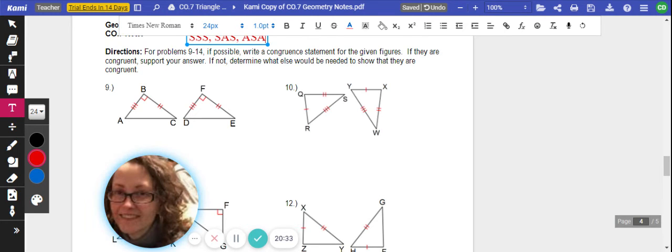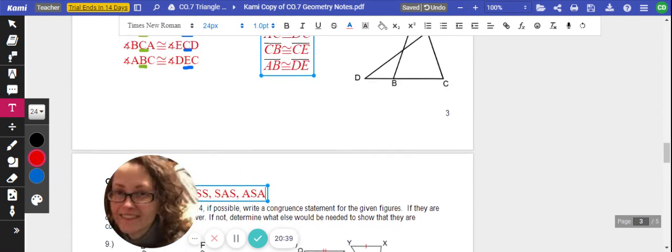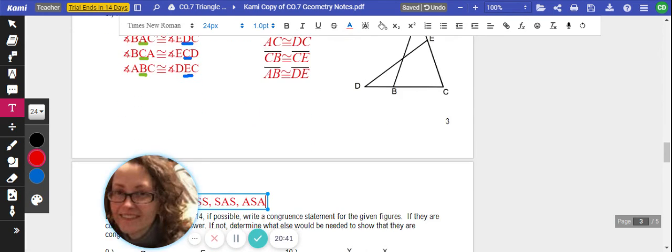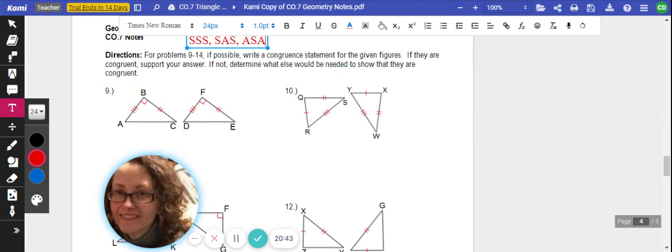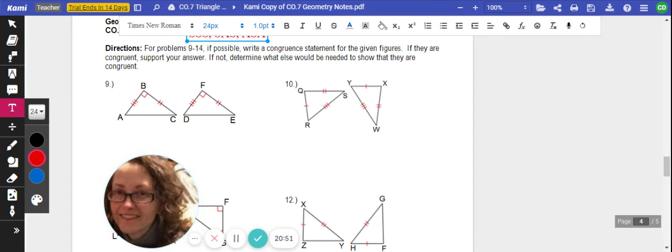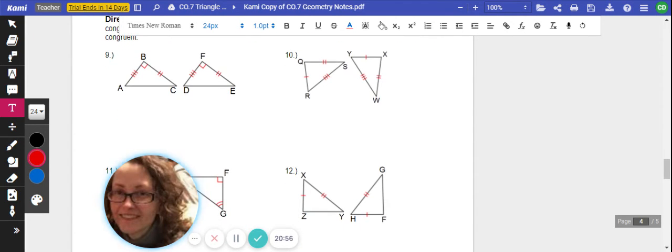If I do, then I can write a congruence statement following that same order of letters that we were just going over on the last page. Then I want to support my answer using one of these theorems. If they are not congruent, then I'll need to show what else I need. So let's go ahead and get started.